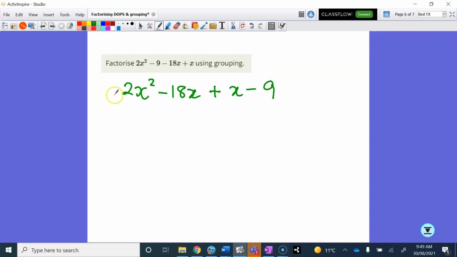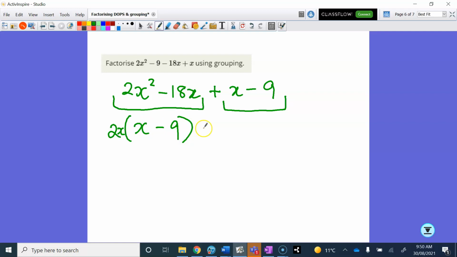Okay, so if I tried to then factorise the first two terms and the second two terms, now something nice might happen. I'm already starting to see things with 9s in it, so I'm starting to think this might be a better way to rearrange our 4 terms. If I factorise the first two, and I take out a 2x, I'll be left with x minus 9 in that bracket.